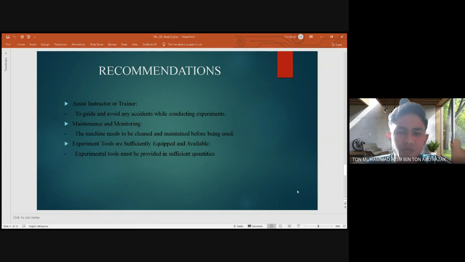The machine needs to be cleaned and maintained before being used, and the students also need to monitor the temperature more properly and correctly. The last one is that experimental materials are sufficiently equipped and available. They must be provided in sufficient quantities and should be sealed in a proper way.